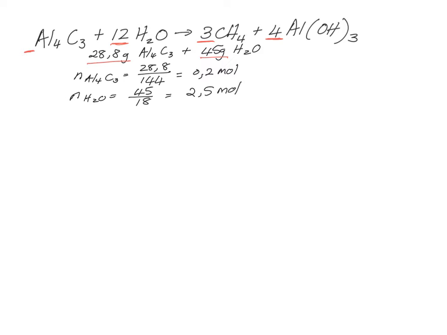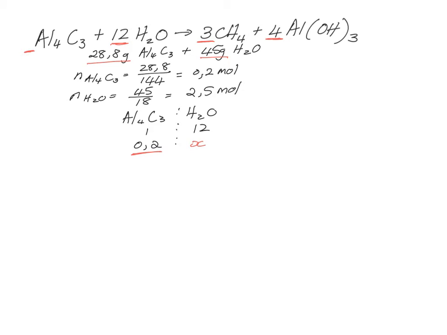Now if we have a look at the mole ratio of aluminium carbide to water, we will see it is 1:12. Now we've been given 0,2 moles of aluminium carbide. Now you can see 0,2 moles is 1/5 of 1.